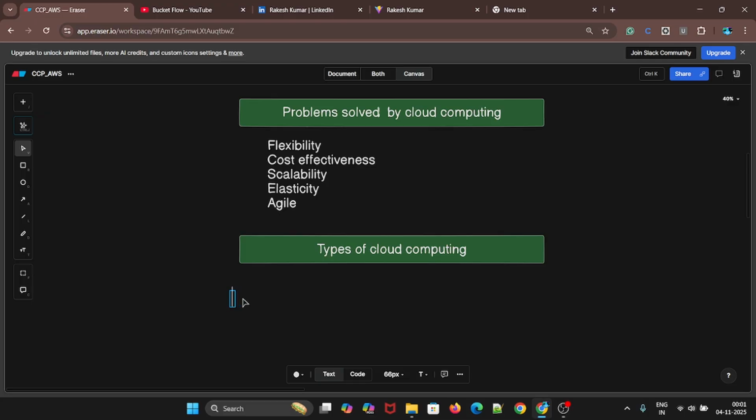We have IaaS, PaaS, and the third one is SaaS: infrastructure as a service, platform as a service, software as a service. These are the types of cloud. We will see them in the upcoming videos.